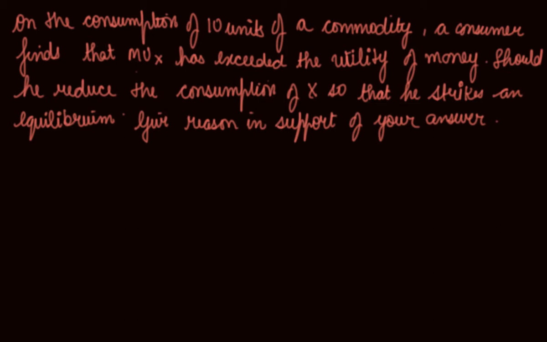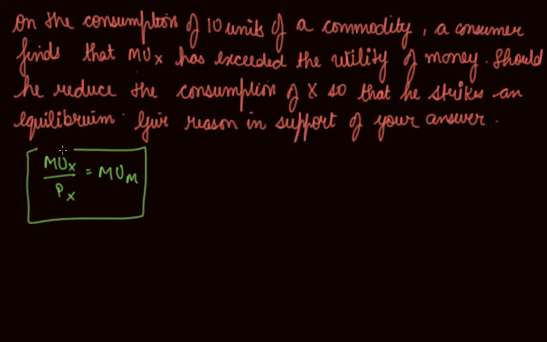See, consumer is at its equilibrium when your MUX by price of X is equal to MUM, right? This is the equilibrium point. Now according to this question, what has been given is that your marginal utility of X divided by price of X is greater than your marginal utility of money.